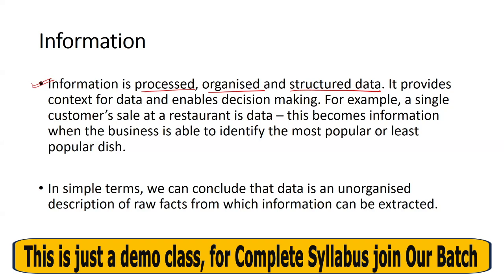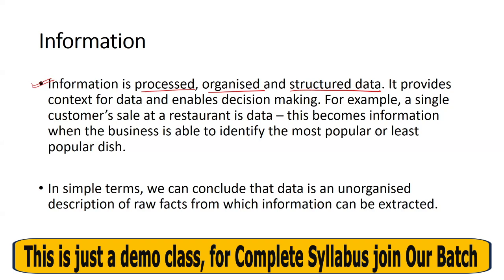But now, if I try to find something from this data, suppose that I'm trying to find the most popular dish, most expensive dish, least popular dish, that will become information. That is the information, because I can decide some things regarding my sales with the help of this kind of data. That's why it is called information.